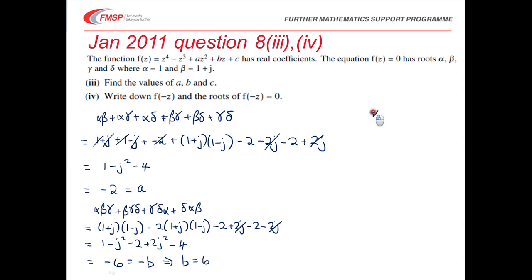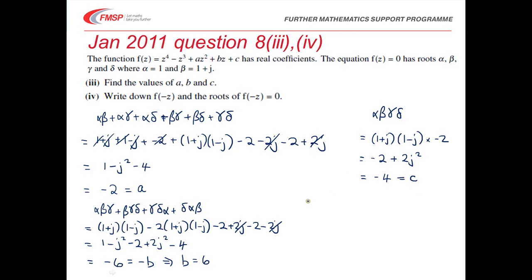Then I can take the product of all the roots, alpha, beta, gamma, delta, which is 1 plus j, 1 minus j, multiplied by minus 2. That's minus 2 plus 2j squared, which is minus 4, and that's the constant term at the end, c.